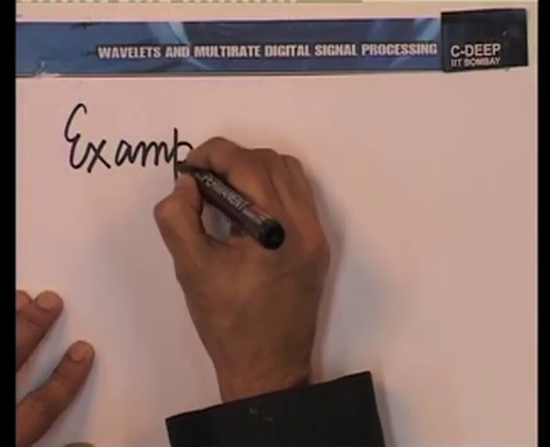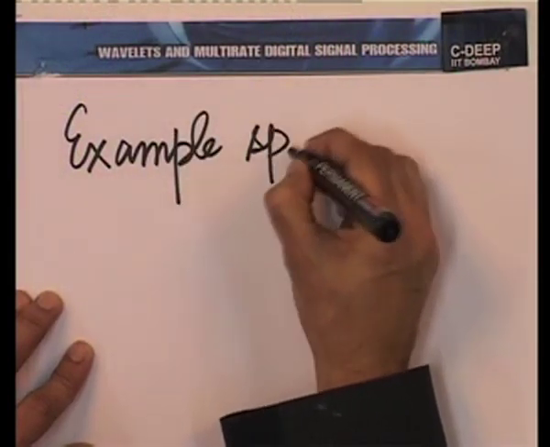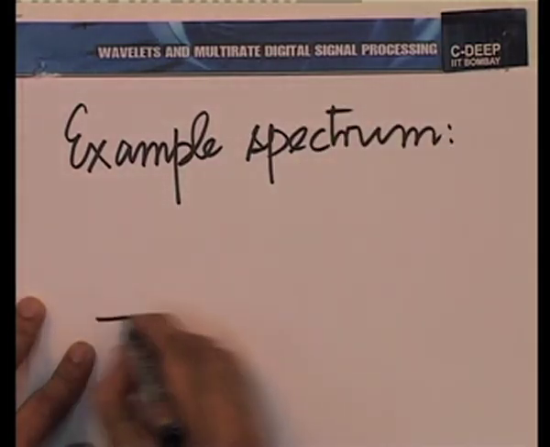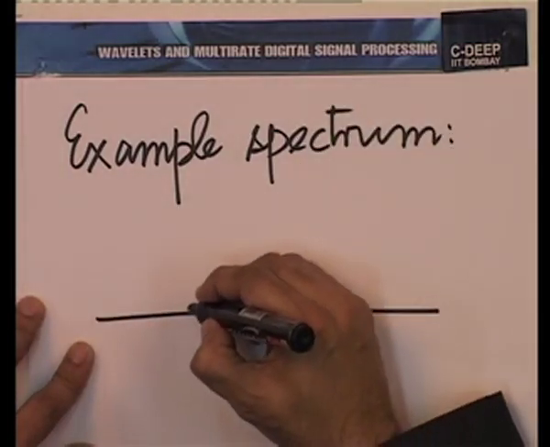And we would best understand what this shift implies if we took an example spectrum. So, let us take an example spectrum to complete this discussion. Let us take this spectrum.